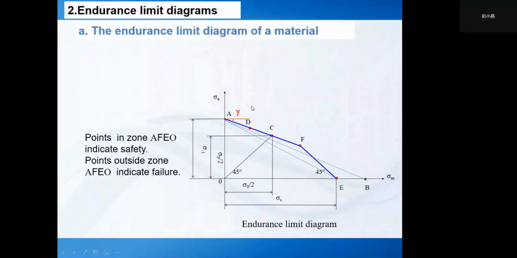Points in zone AFEO indicate safety. So the points in the yellow zone are safe, and points outside the zone indicate failure.